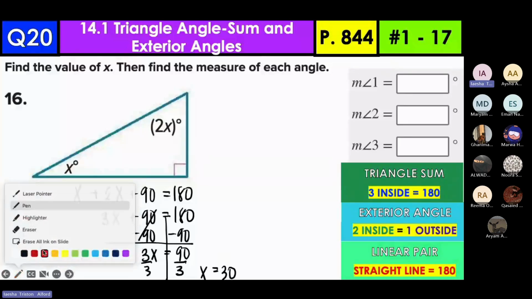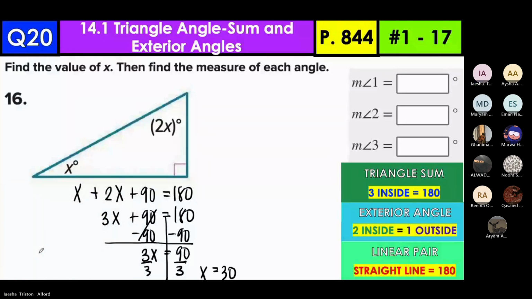What does the question want from you? Measure. So we need the measure. 2x and x, and the box. Do not write x, parentheses. The 2 should be here. Do not write x, and the square is 90 degrees, we already know.